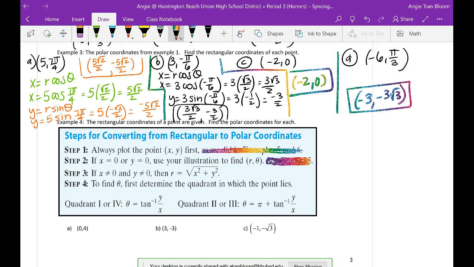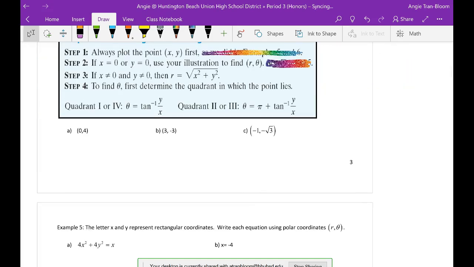Awesome. Randall, step 4. To find theta, first determine the quadrant in which the point lies. Quad 1 and 4, how do we find theta? Tangent inverse of y over x. But when it's in 2 and 3, you have to add a pi. That's right. Okay, let's work this out.